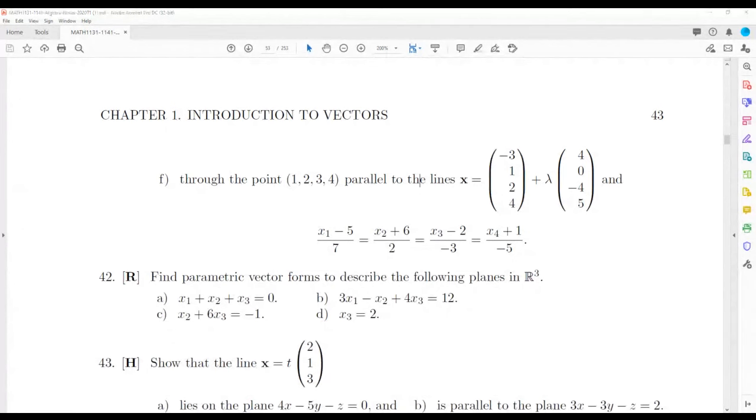So you can see here, this form here is the Cartesian form of the equation of a line. So the 7, 2, -3, -5 are the coordinates of the vector that is parallel to this line. And 5, -6, +2, -1 is a point that lies on the line.